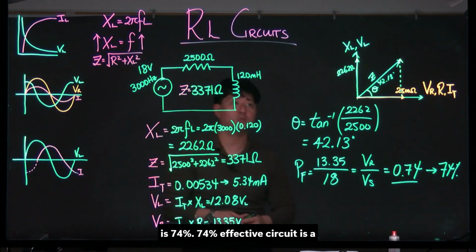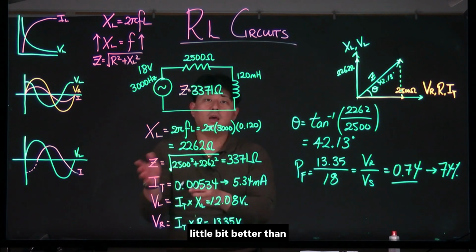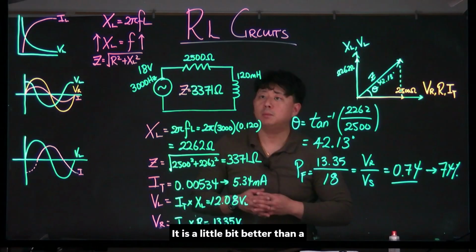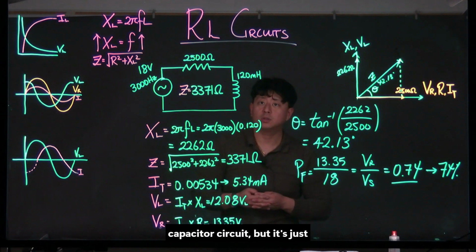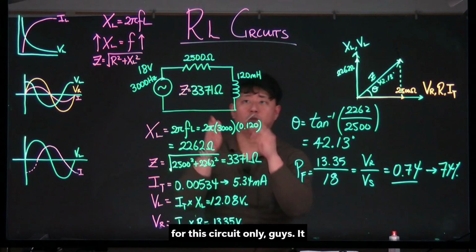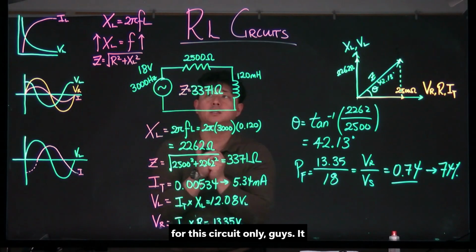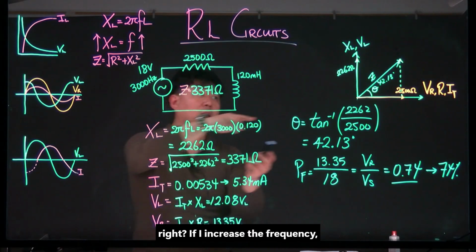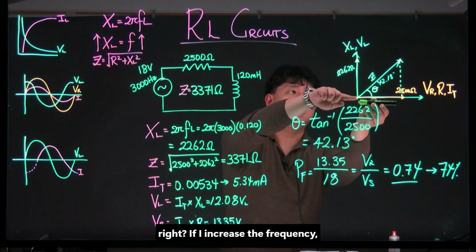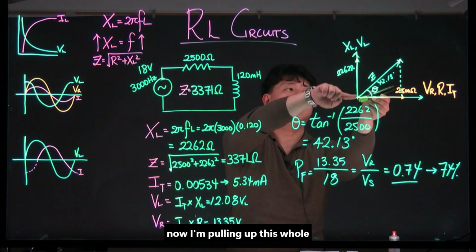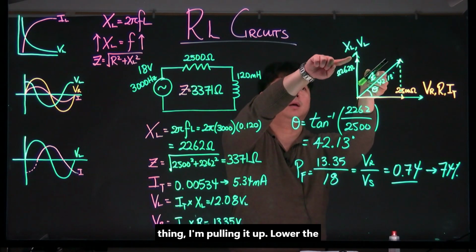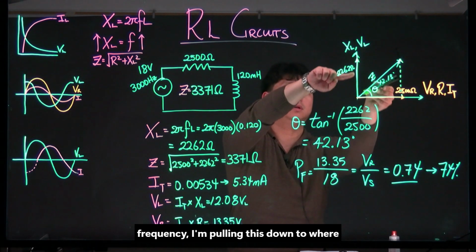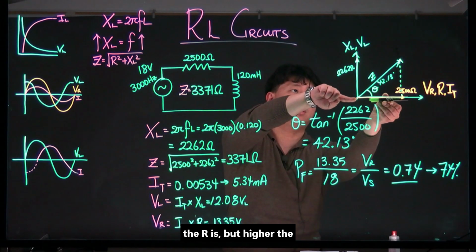74% effective, a circuit that is a little bit better than a capacitor circuit, but it's just for this circuit only, guys. It really depends on the frequency, right? If I increase the frequency now, I'm pulling up this whole thing. Lower the frequency, I'm pulling this down to where the R is.